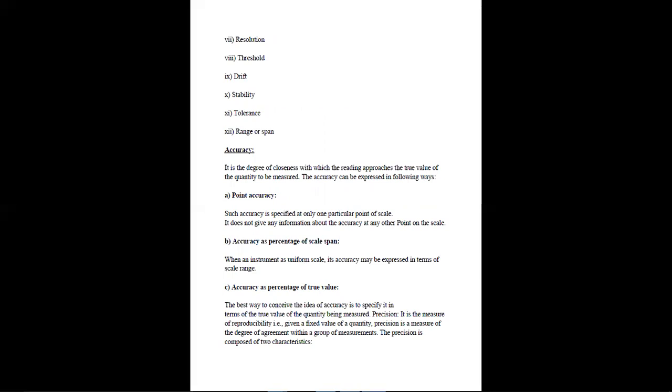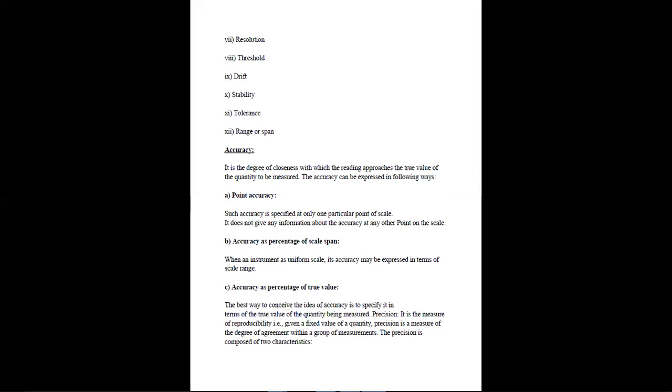First one is accuracy. It is the degree of closeness with which the reading approaches the true value of the quantity to be measured.